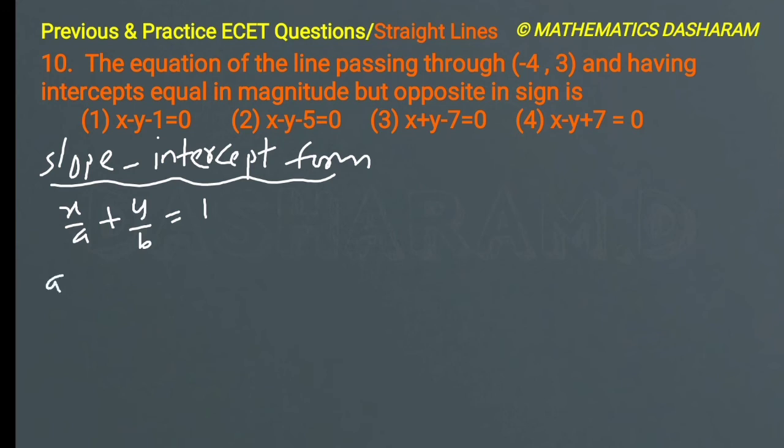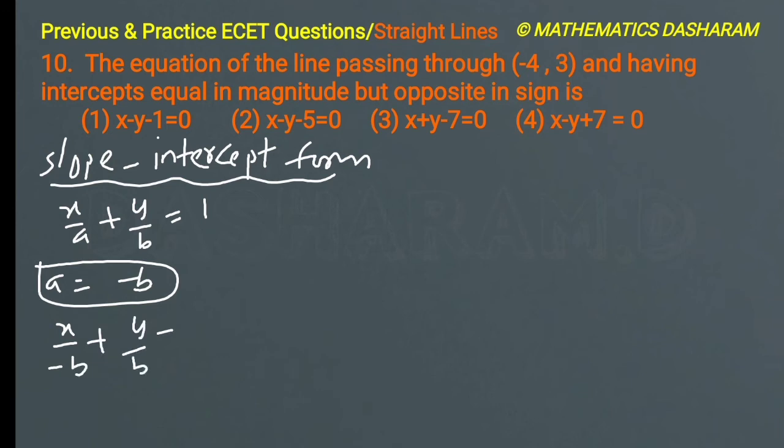So a equals b in magnitude, but opposite in sign means minus, so a equals minus b. Substitute this value in the above equation: x by minus b plus y by b equals 1. X by minus b means minus x by b plus y by b equals 1.